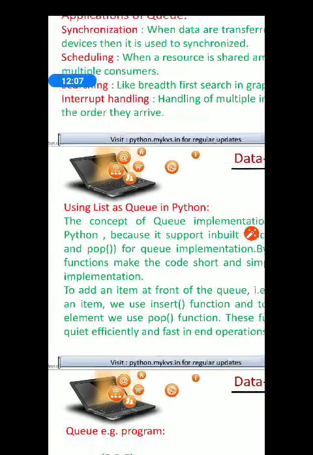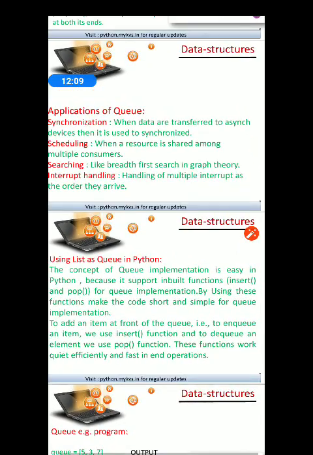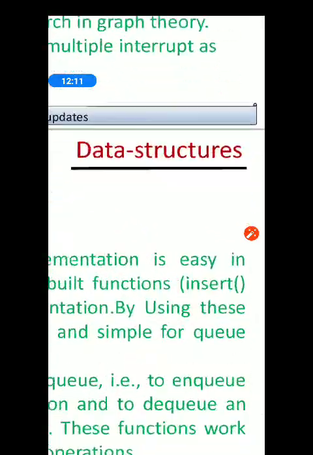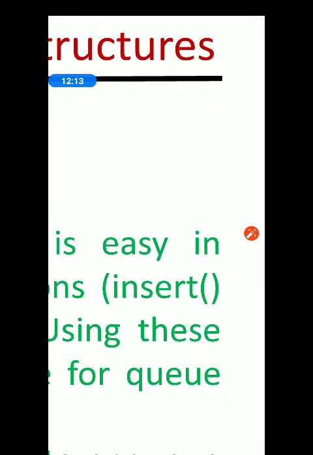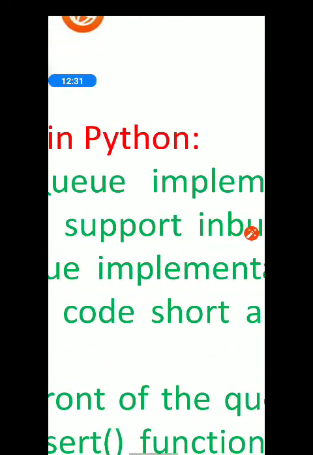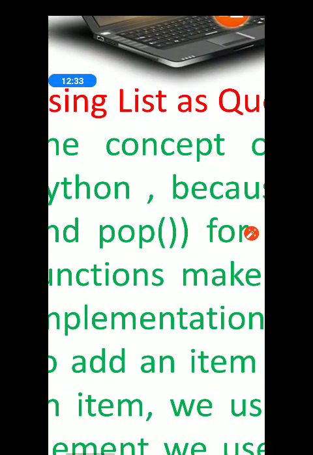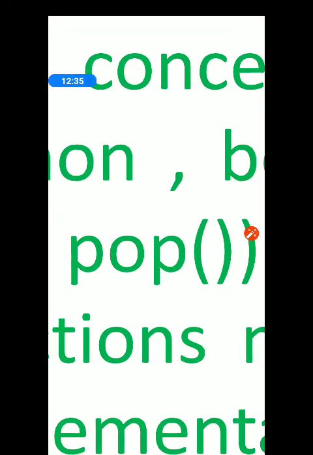Here also again we will use the function insert for inserting in a queue. It is a list function. We'll use this for inserting data into the list that is going to be implemented as queue. And then the pop operation to delete from the queue.